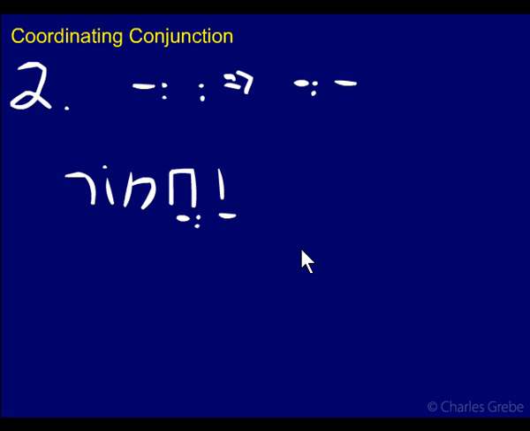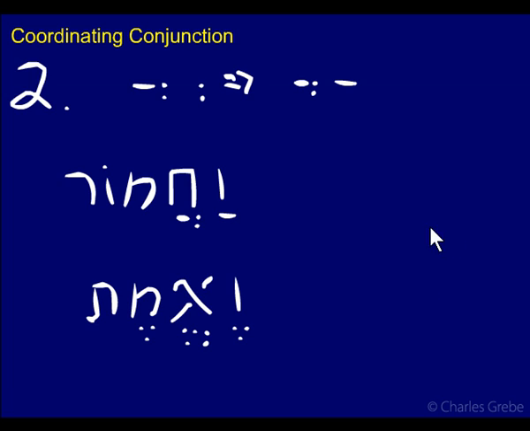So instead of v'chamor, it's va-chamor. Okay, no problem. If you had emet, emet means truth. If you add a vav, instead of being pointed with a shava, it is a segol.